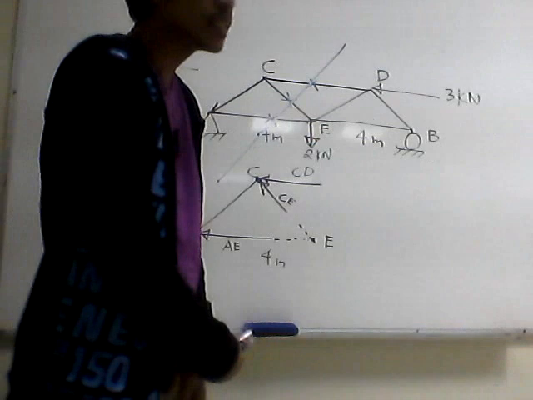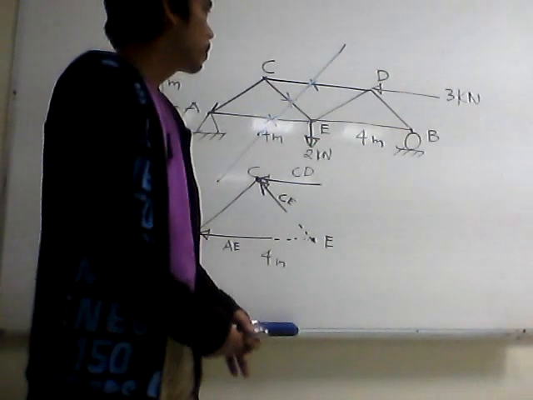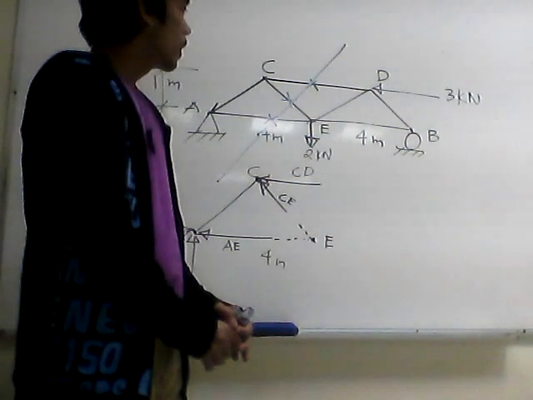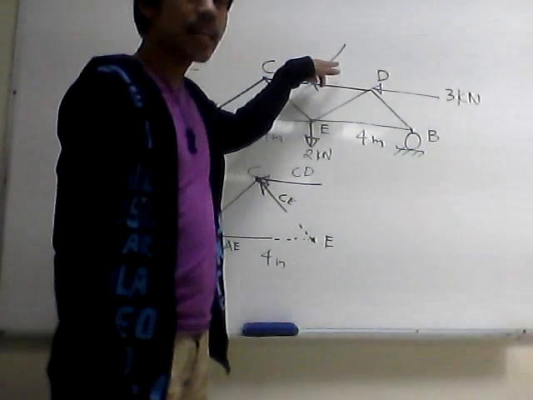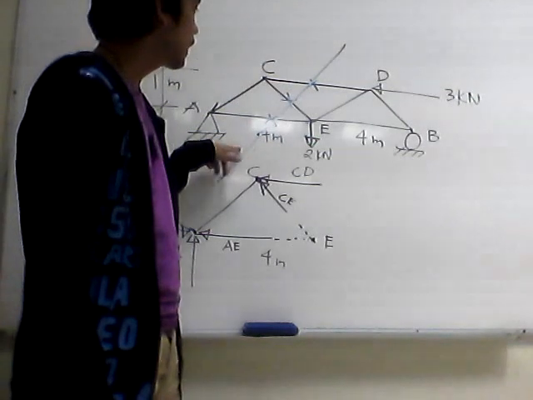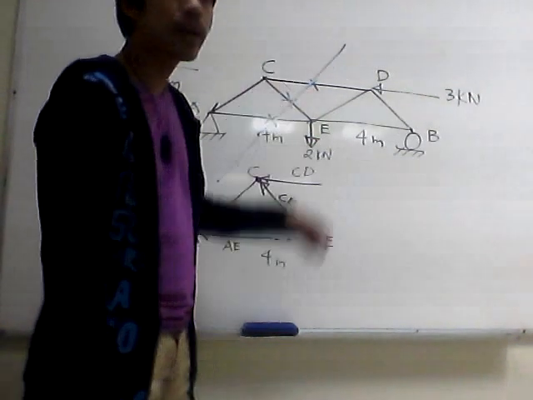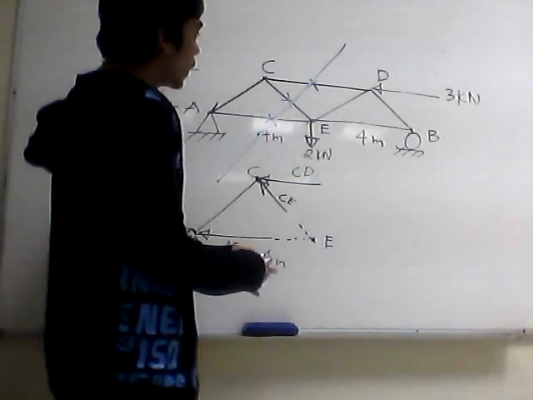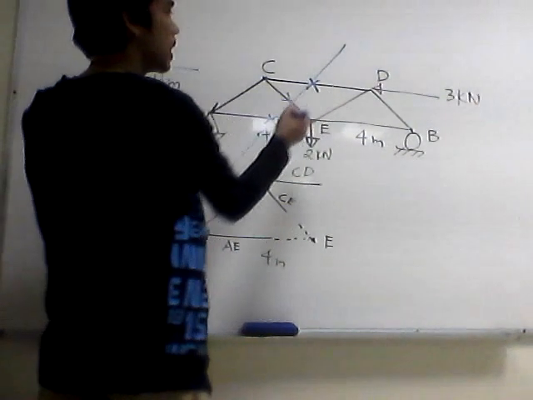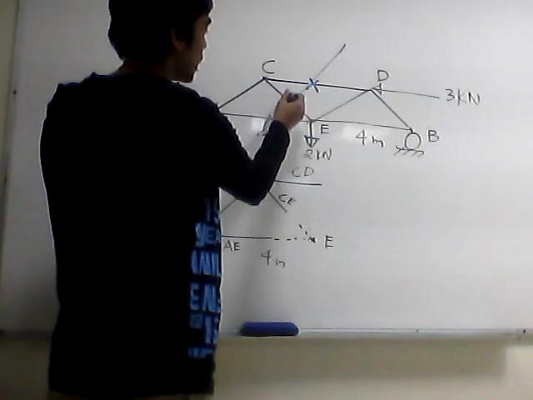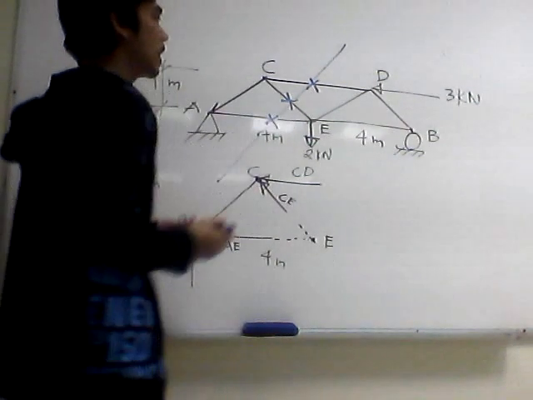What we do now is to start the method of section. The first step is to pass an imaginary plane cutting the unknown member forces. Let's say the required member forces are only member CD and CE and AE.